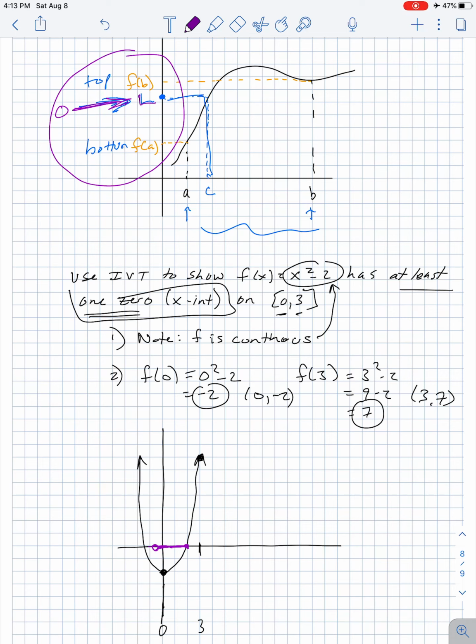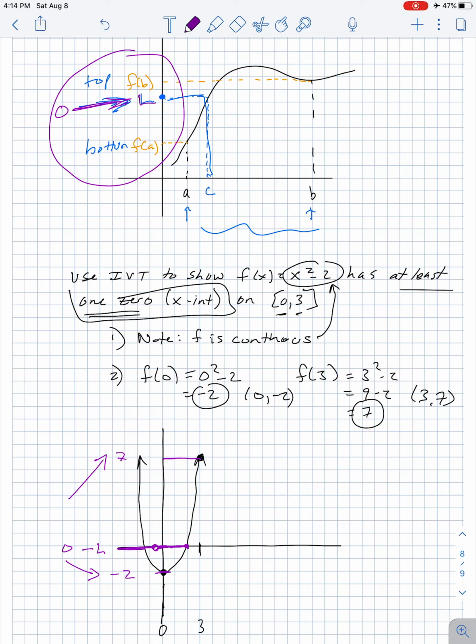That's going to be our L value that we're going to pick. And L is definitely between 7 and -2. How do I know that? Because -2 is negative, 7 is positive, so I for sure have a 0 value in between 7 and -2. Okay, so this is the application, is finding these zeros.